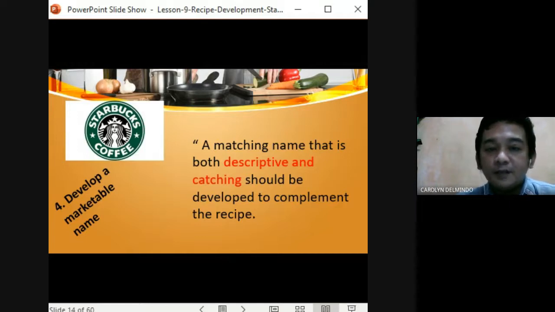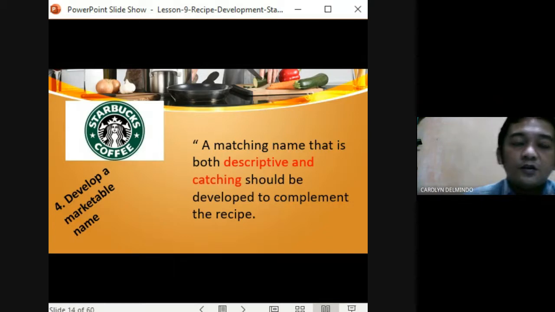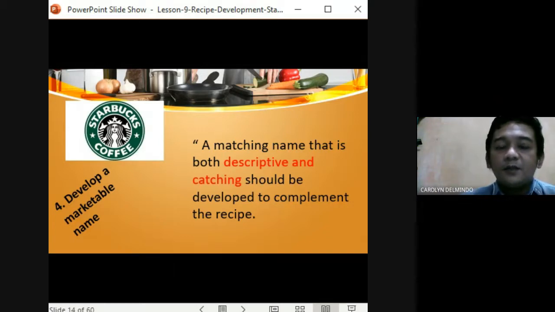Okay, matching names that is both descriptive and catchy should be developed to complement the recipe. So, kung ano yung maganda, mag-isip kayo para sa brand name nyo, dapat descriptive siya and catchy.